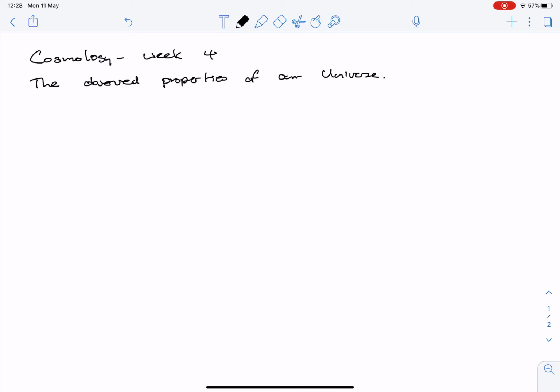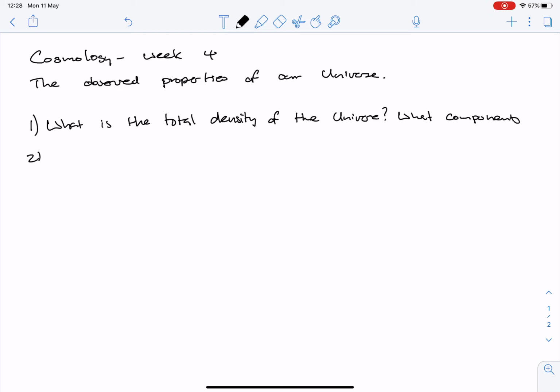In a sense, we're going to ask two questions. Today, we're going to ask, what is the total density of the universe? And of course, in what components?